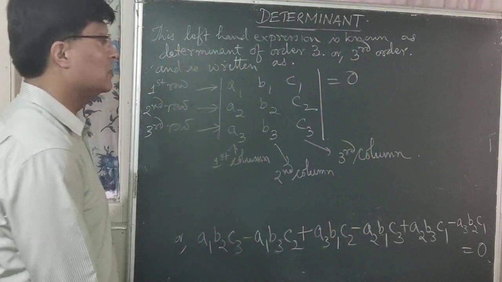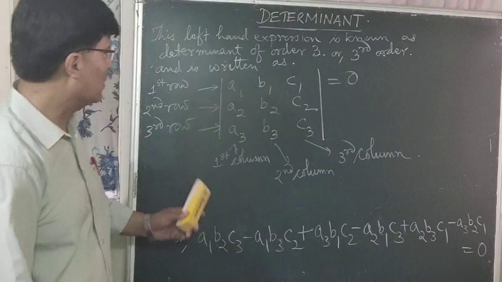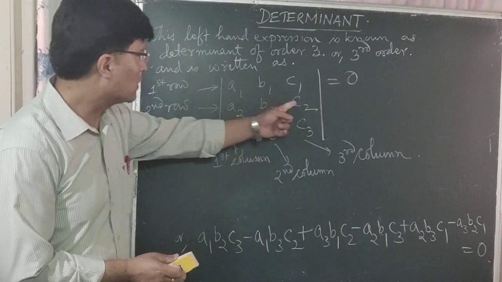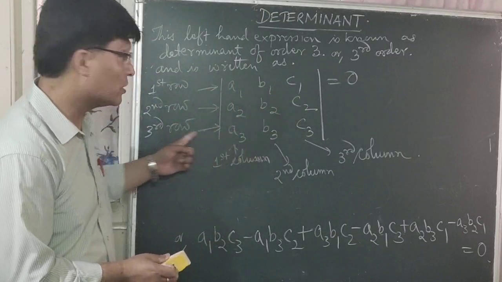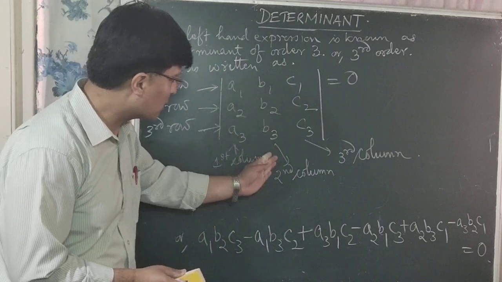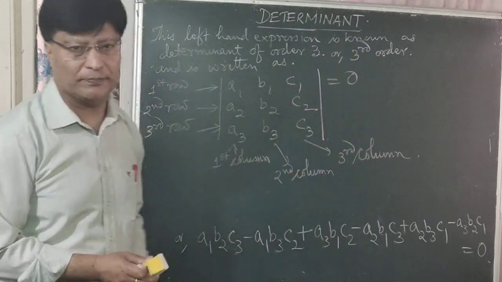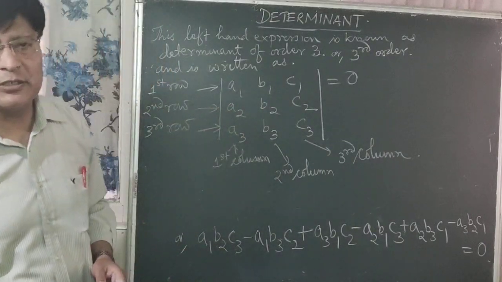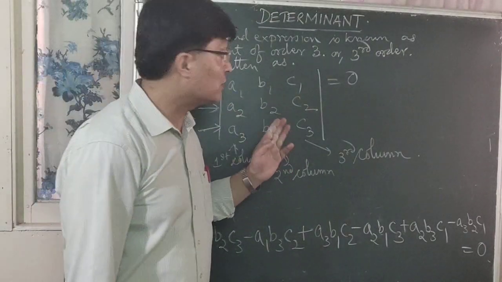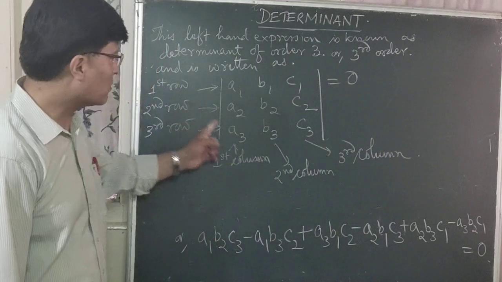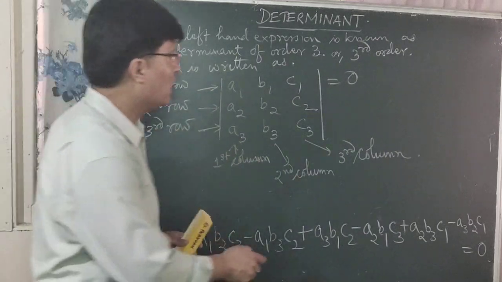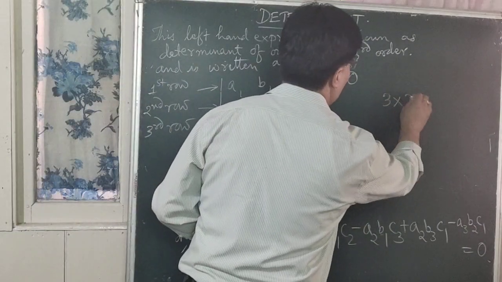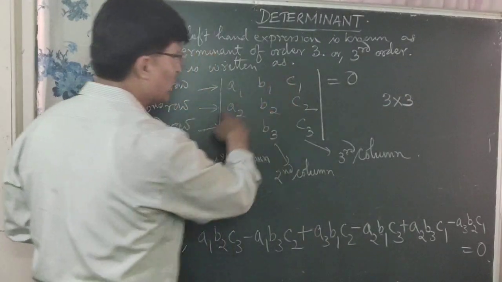C-O-L-U-M-N column. This is first row, this is second row, this is your third row, this is first column, this is second column, and this is third column. That's why this determinant is known as determinant of order 3 or third order, or it is also called a 3 cross 3 determinant. We also call it 3 cross 3 order, because here there are 3 rows and 3 columns.